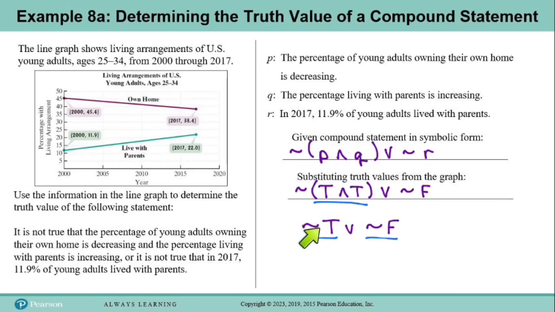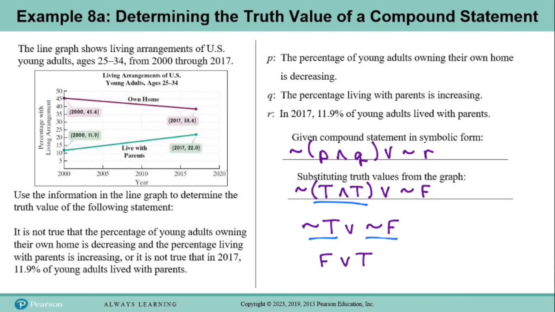So we know that something that is not true is false. Then we have our or symbol. And then we know that something that's not false is true. So finally we have false or true. A false statement or a true statement. And we know that when we're doing an or operation, an or statement is true if either component is true or if both components are true.